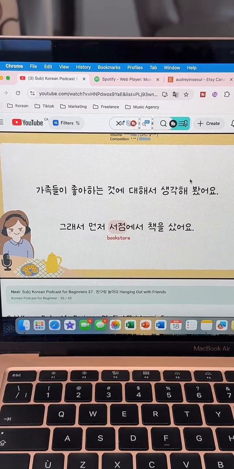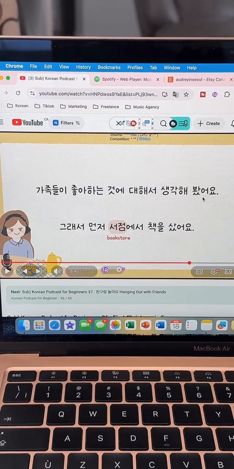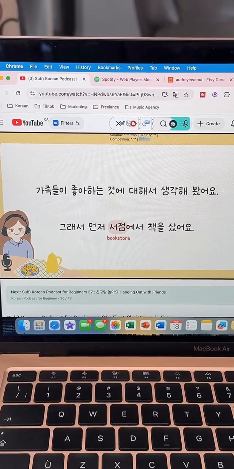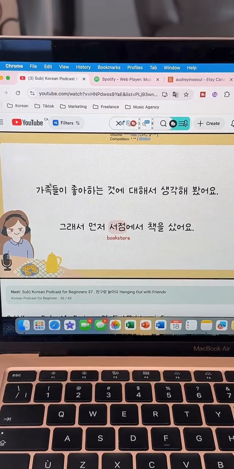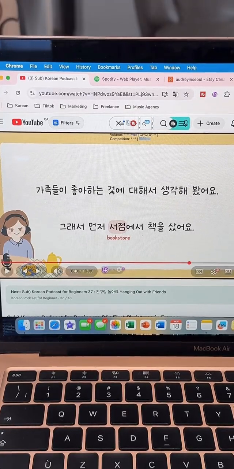So there is another grammar pattern. There are so many grammar patterns and verb formulations with the verb 보다, but this is one of them. So here it is trying to do something, which is thinking. Okay, so she tried to think about something that family likes as gifts. So that would be how this sentence would be translated.